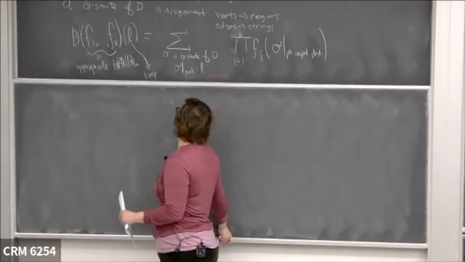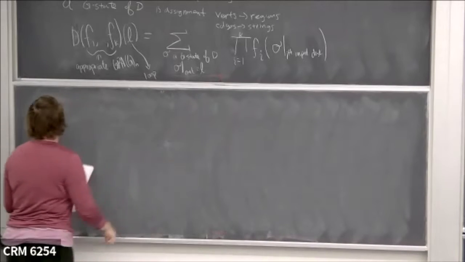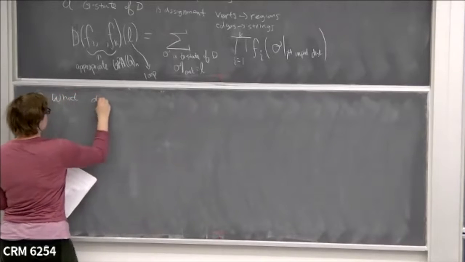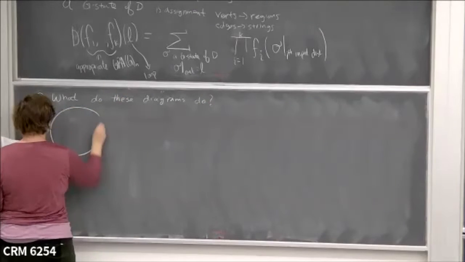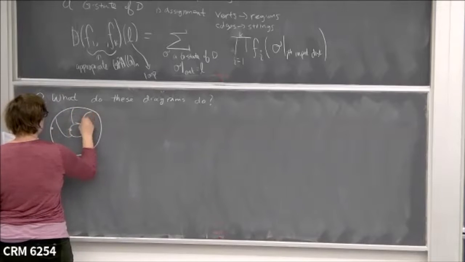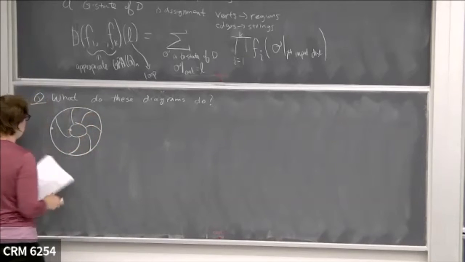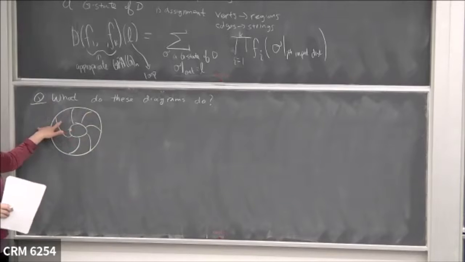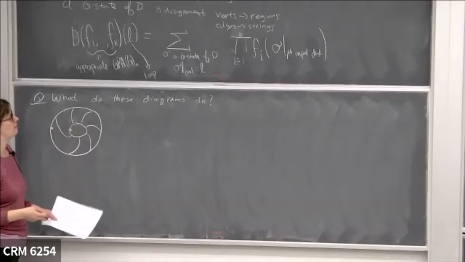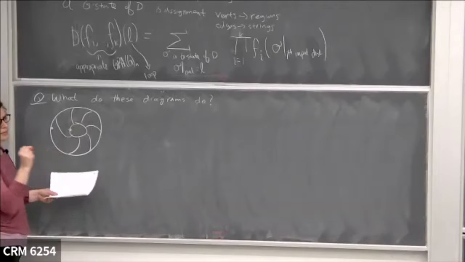So let's see if we can think about this and answer the question of what some specific diagrams do. Okay, so here's one. All we've done with this diagram is change the position of our marked point. What does this do to functionals? Maybe more specifically, we have a basis for functionals consisting of the Kronecker delta of any particular loop.